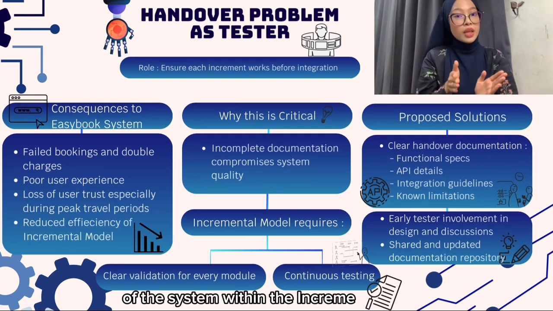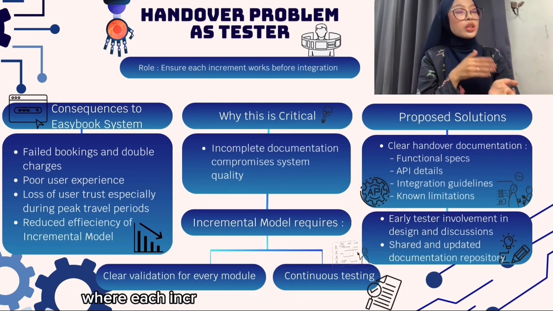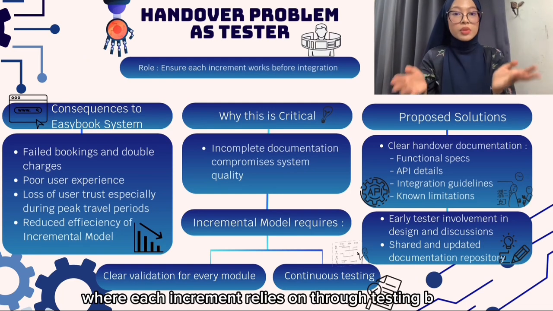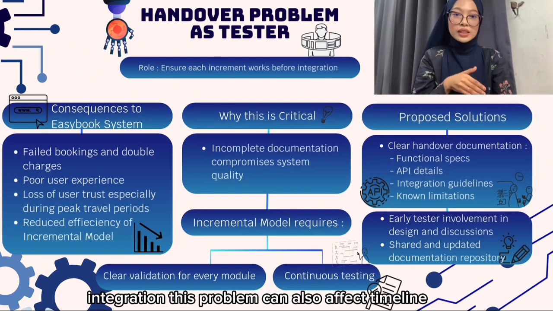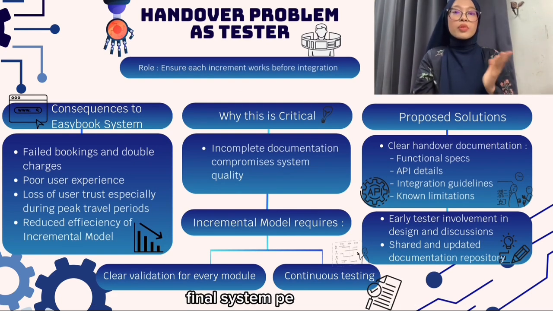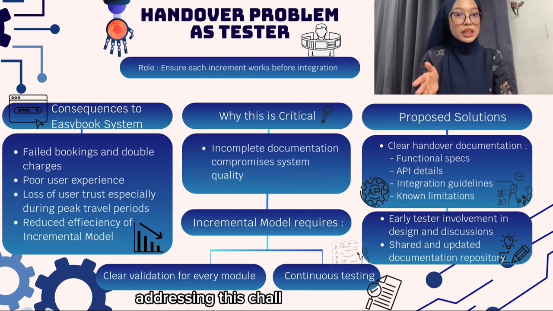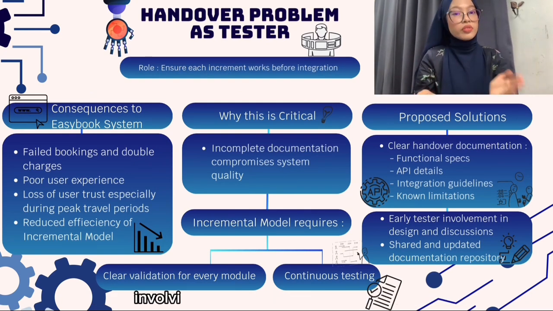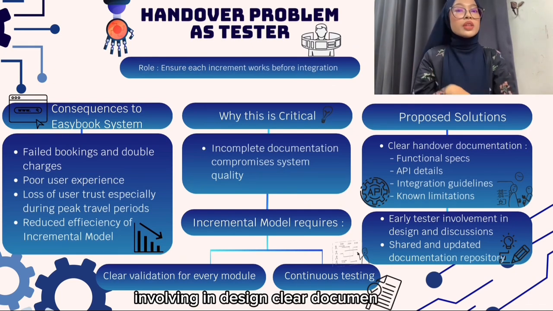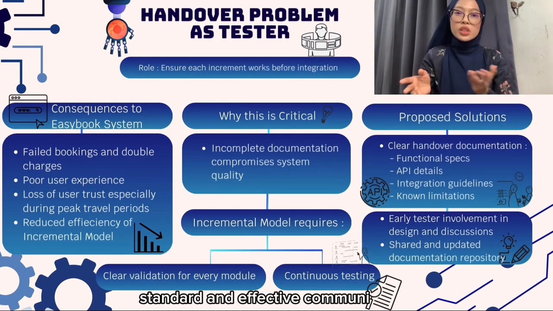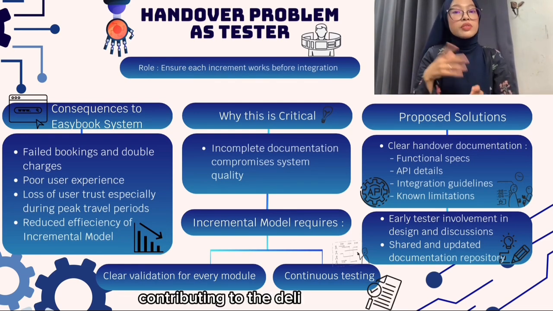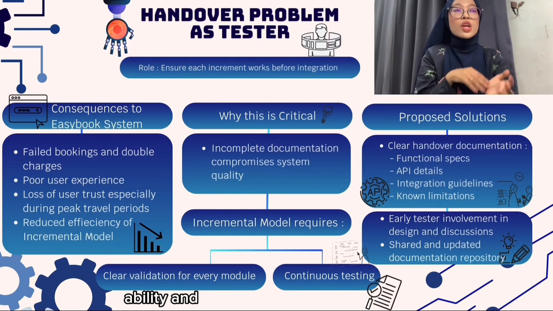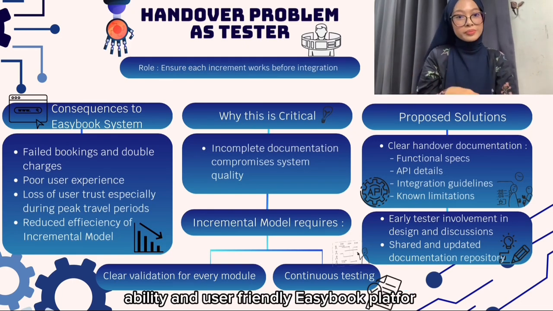Within the incremental model, where each increment relies on thorough testing before integration, this problem can also affect timelines and final system performance. Addressing this challenge through early involvement in design, clear documentation standards, and effective communication ensures that I can carry out my role effectively, contributing to the delivery of a secure, reliable, and user-friendly Easybook platform.